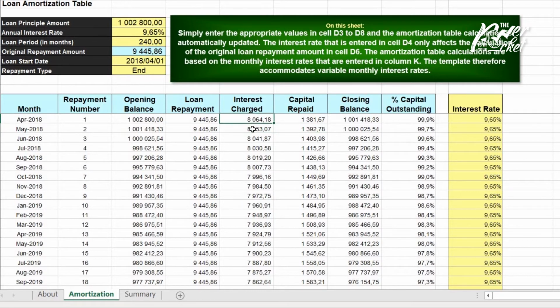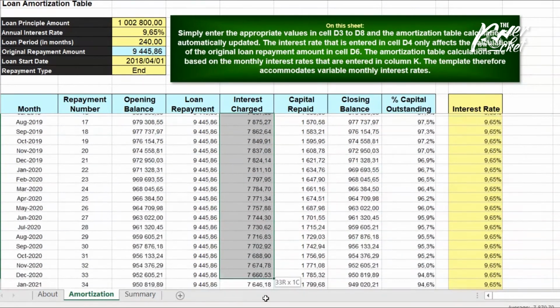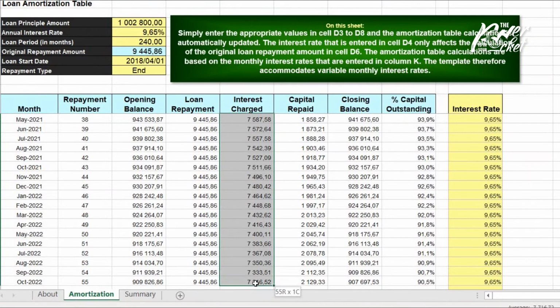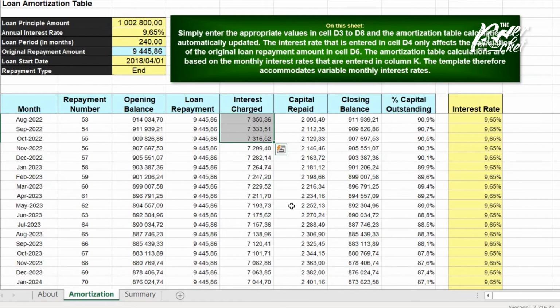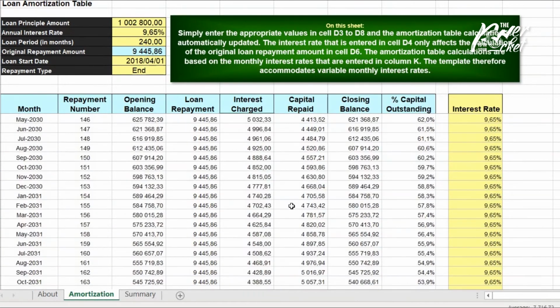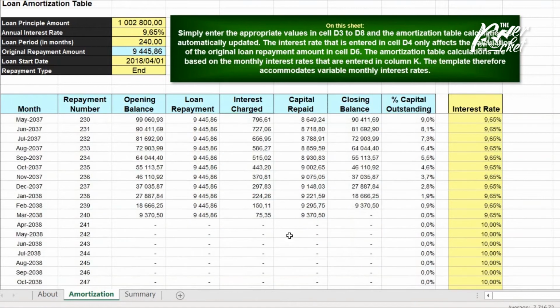So as you'll see here, the interest charged reduces every single month, and the capital repaid increases every single month until the end of the loan, which is 240 months, until you get a zero balance, only because the opening balance keeps reducing and reducing and reducing.